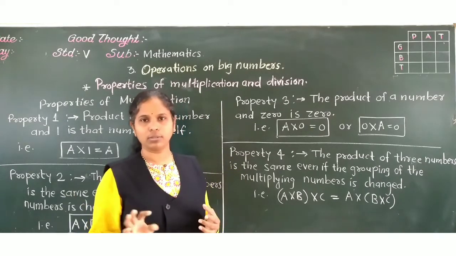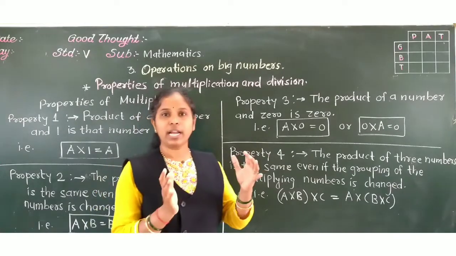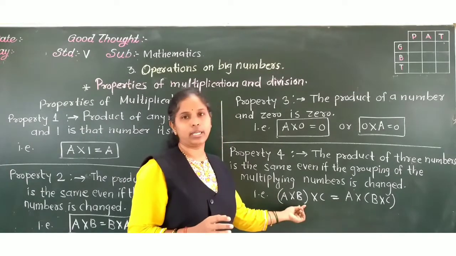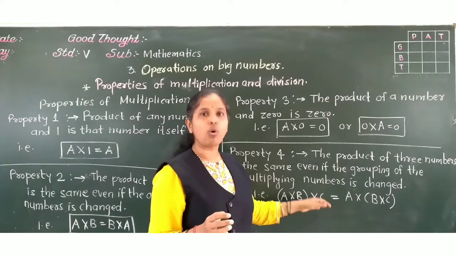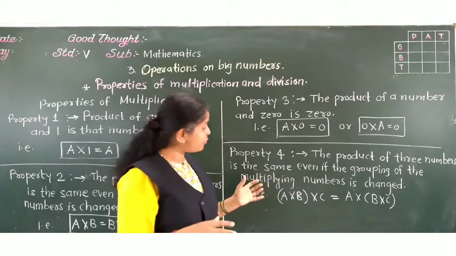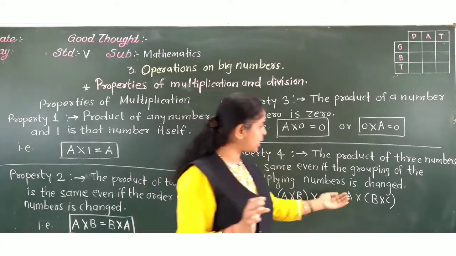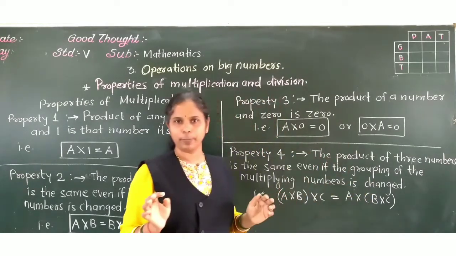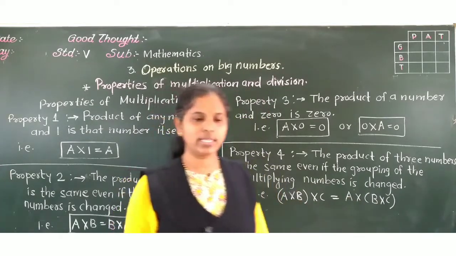If we make a group, A into B as one group, and multiply by C, whatever answer we get, after grouping it in another way we will also get the same answer, that is A into B into C with a different group. So the answer remains the same. I will show one example.